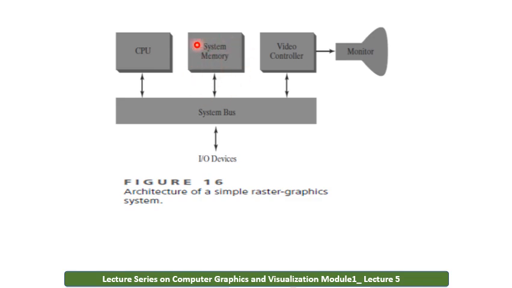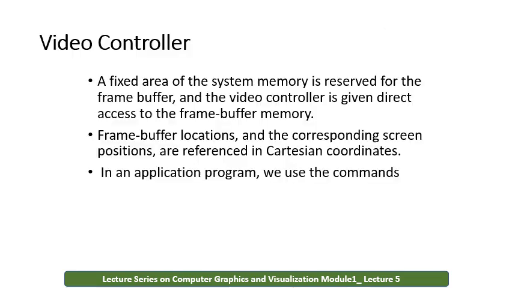The frame buffer can be kept in the system memory, or it can be part of a different memory. The main component required for the raster scan display is the video controller, also called the display controller, which is required to display graphics onto the monitor. So this is the simple raster graphics architecture with the video controller.